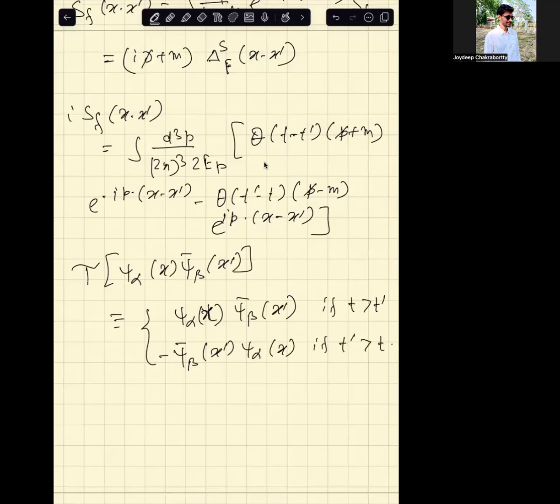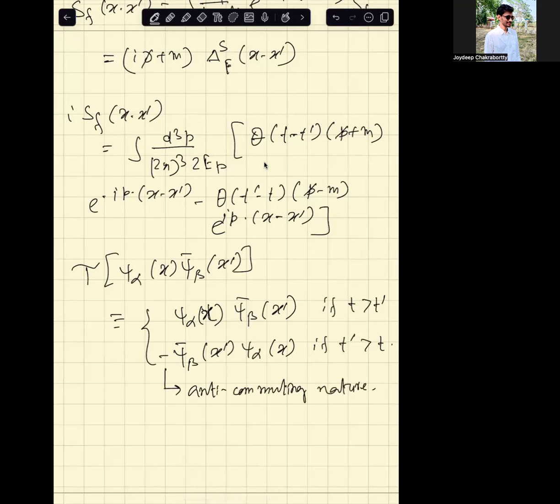That's how, as in the scalar propagator for the complex scalar field, you write down the time-ordered product. Just mimic this. Only thing to remember, the minus sign is because the fermion fields anti-commute among themselves. So when they pass through each other for going from t′ greater than t, they pick up a minus sign. That is the origin of this minus sign. The anti-commuting nature is basically reflected from there.